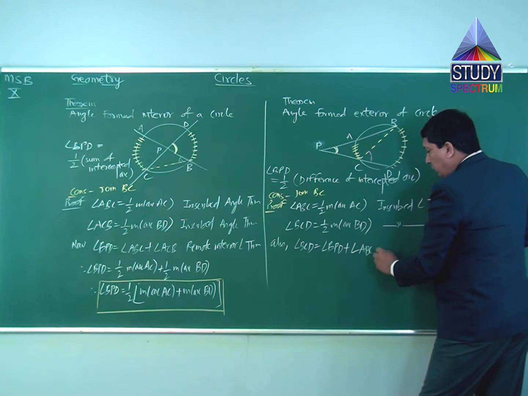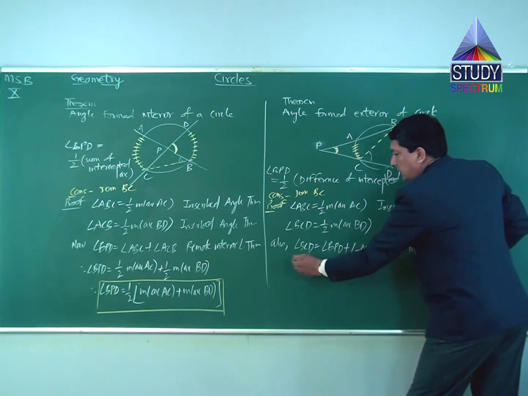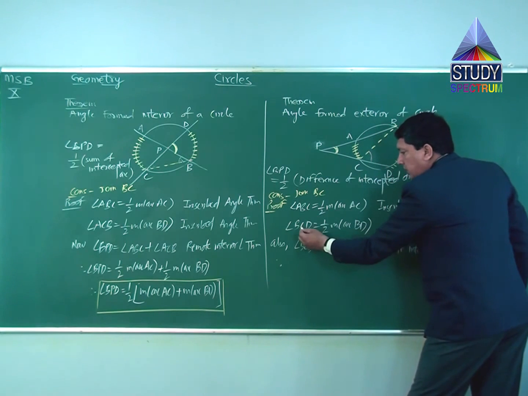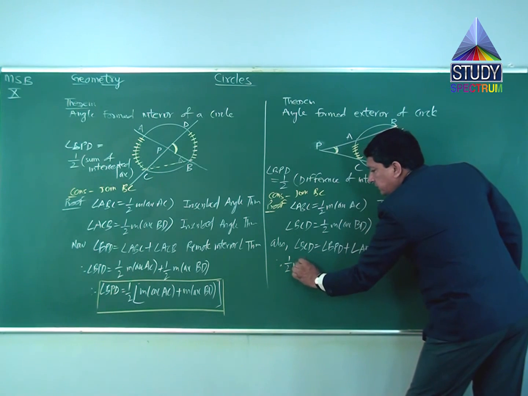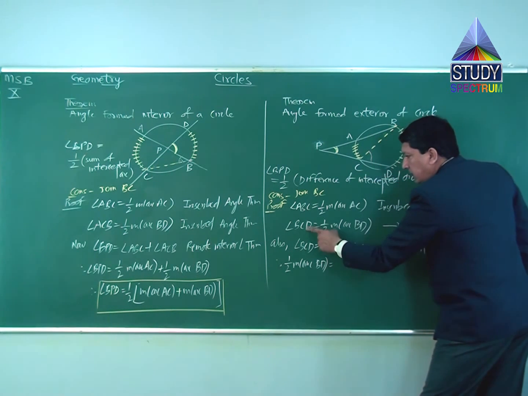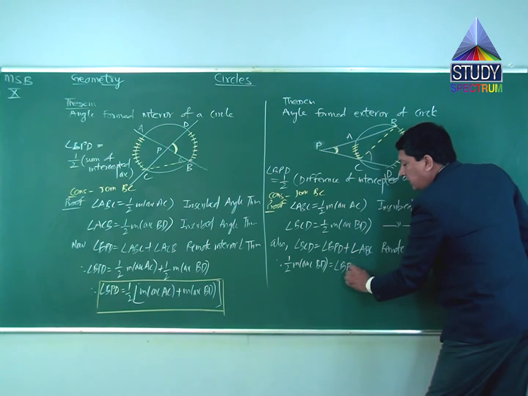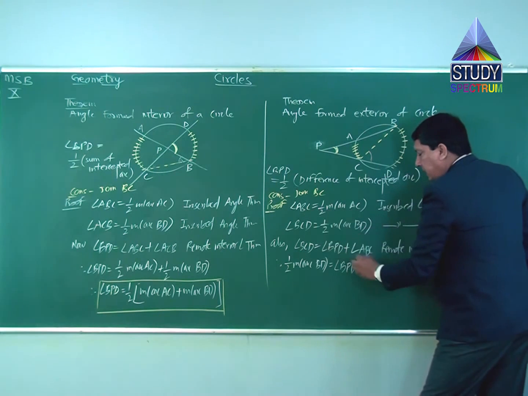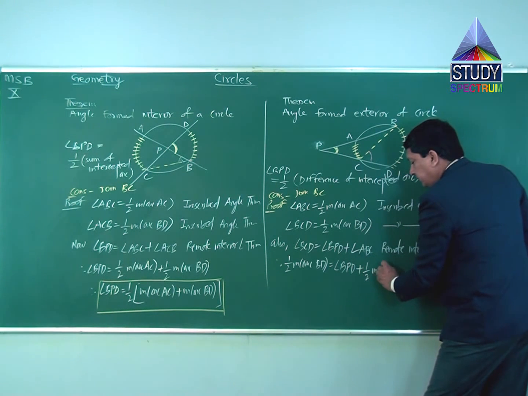Reason is the remote interior angle theorem. So we'll substitute values now. BCD is half the measure of arc BD. Half the measure of arc BD is equal to BPD, the relation we need to get, plus angle ABC, which is half the measure of arc AC.